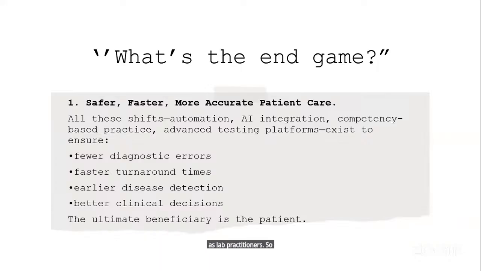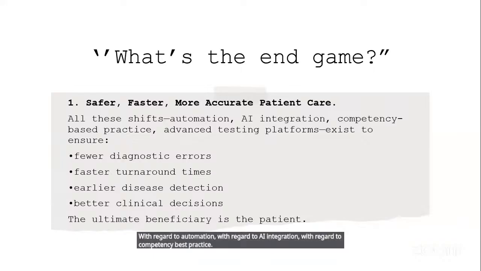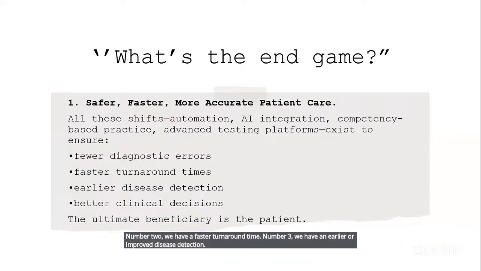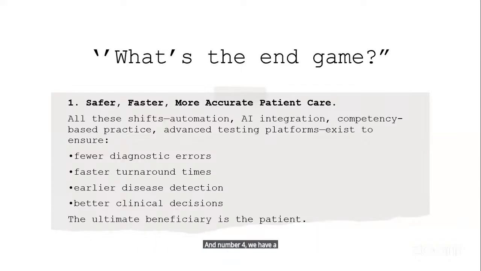So all these shifts with regard to automation, with regard to AI integration, with regard to competency-based practice, advanced testing platforms actually exist to ensure that, number one, we have fewer diagnostic errors. Number two, we have a faster turnaround time. Number three, we have an earlier or improved disease detection. And number four, we have a better clinical decision-making process.